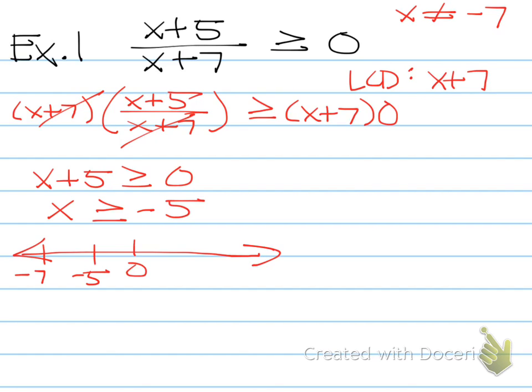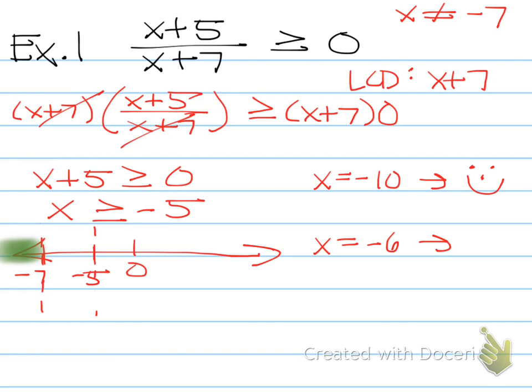We want to determine the values in each one of those regions: less than -7, between -7 and -5, and then greater than -5. So -10 is less than -7. When we plug in -10, we get a true statement. So that interval does contain solution values.